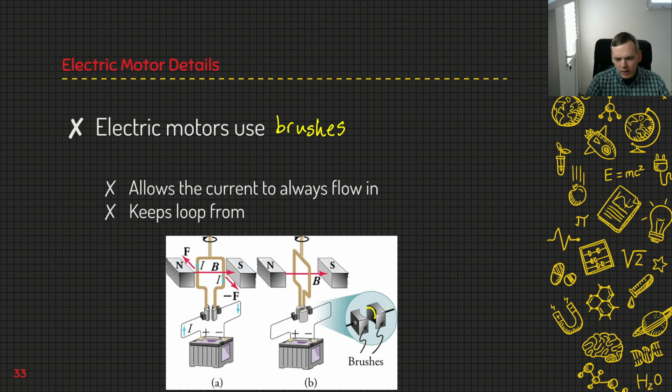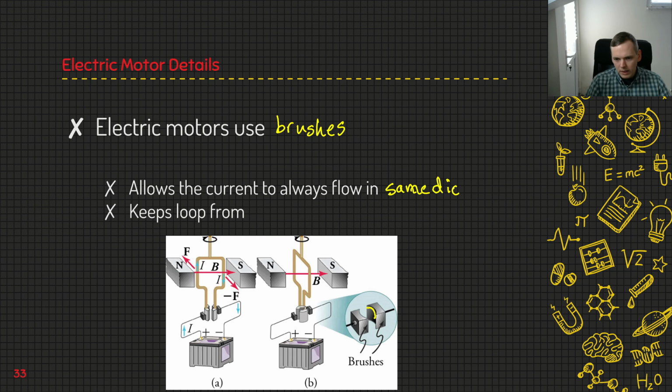They're conductive, so they allow the current to flow. But there's a gap here, so what ends up happening is the left side always stays attached to the up current, the current going up. The right side always attaches to the down current. So this allows the current to always flow in the same direction.